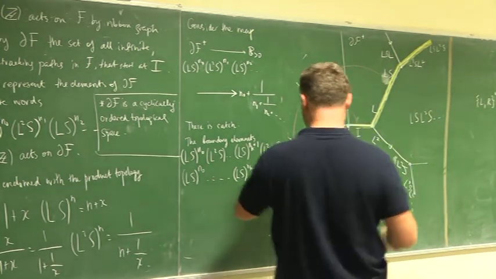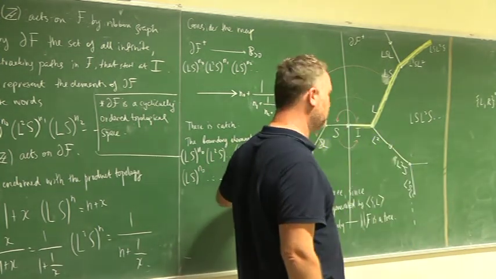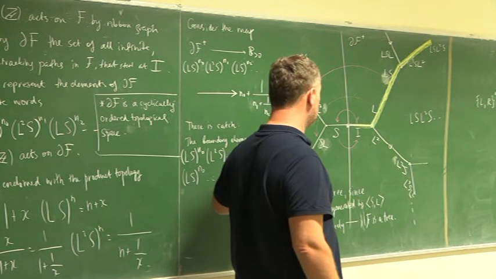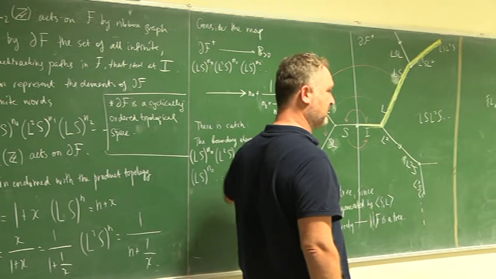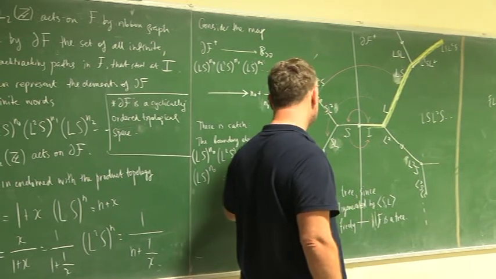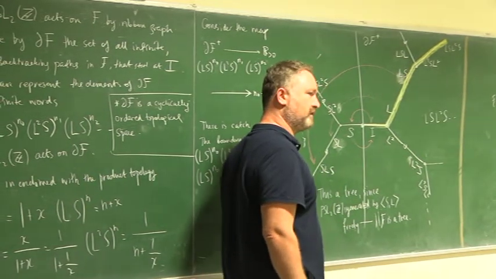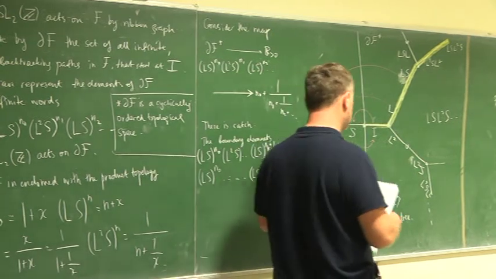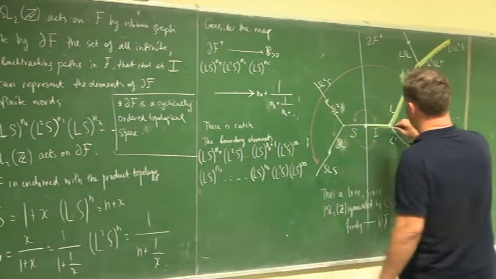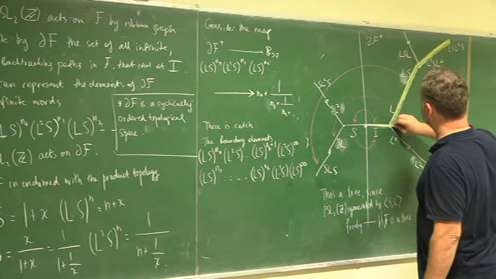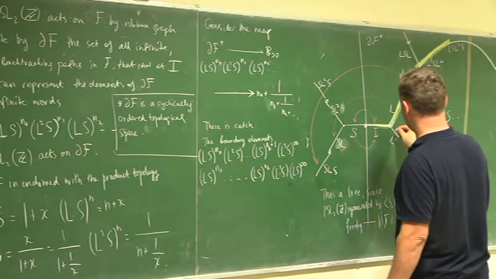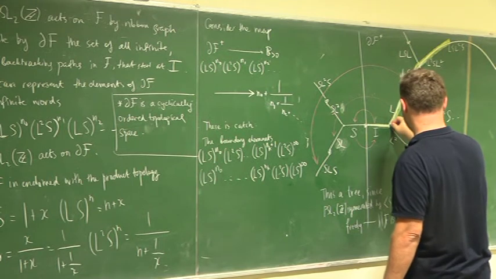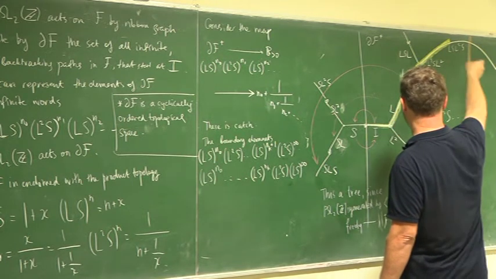So why do I have Ls to the power infinity here? It means that this designates a path which always turns right after some point. And this designates a path which always turns left after this point. For example, this path always turns left after this point, and this always turns right.